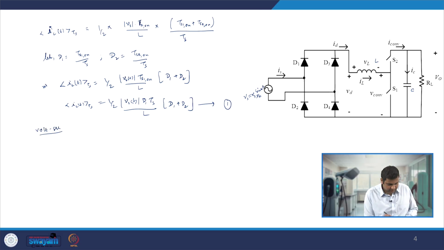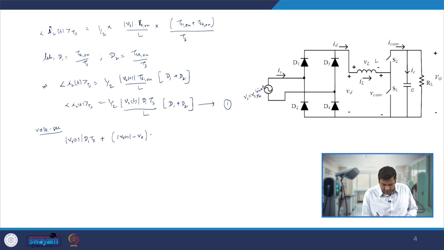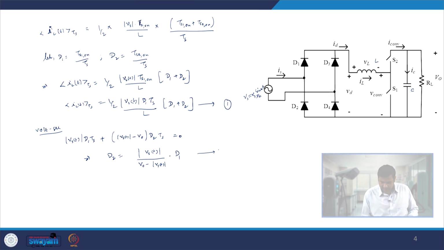Volt-second balance: we can say that |Vs(t)| D1 Ts plus (|Vs(t)| minus V0) D2 Ts is equal to 0, and we can define D2 as |Vs(t)| by (V0 minus |Vs(t)|) times D1. I'll define this as 2.